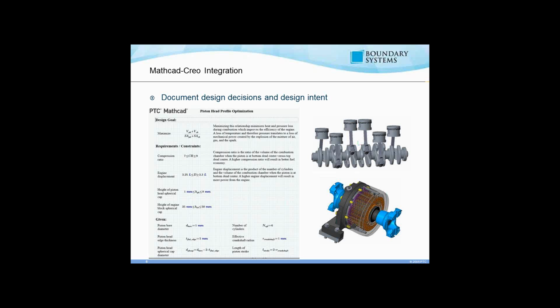So whenever I'm using Jim Bob's model, I want to make sure that I can understand what Jim Bob was doing, why he did what he did, why he made feature 2 dependent on feature 1, why he made two dimensions constrained together, or it could be something as simple as, if I change this one object, what else in the design will be affected by just that one change? Being able to type out and use the word processing capability of Mathcad to document and say, these are the steps and this is what I did, makes it very easy to pass on that knowledge and retain it within the model.